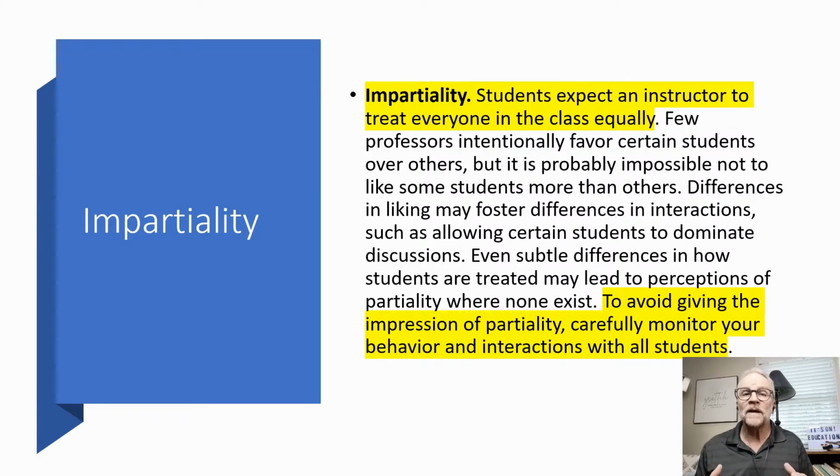But you need to be aware that the other kids in the classroom may perceive that as you being partial to that student. And so you should try to monitor and tap down that behavior somewhat in a very respectful way, of course, and get everybody involved in asking questions.